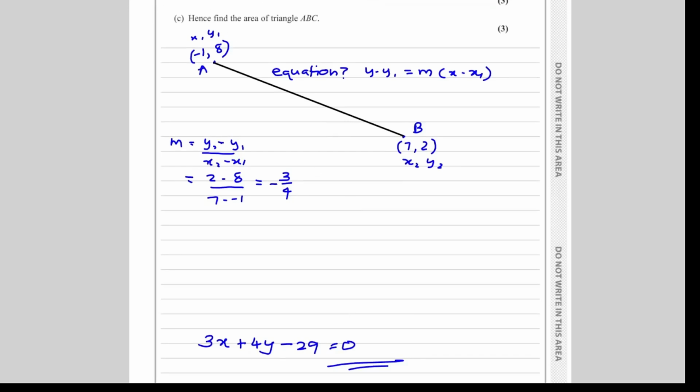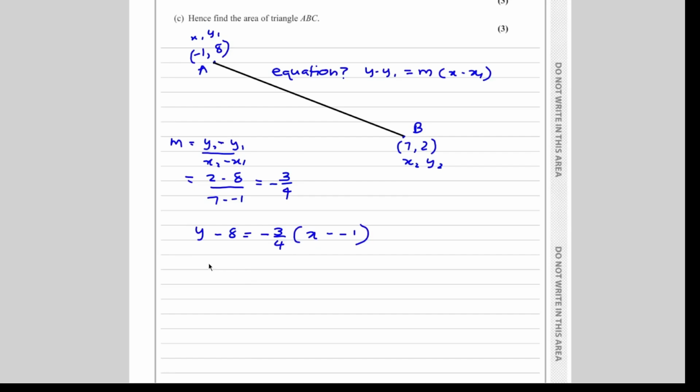Now let's form the equation. y minus y1. Let's get the coordinate of A, which is 8, equals m, which is minus 3 over 4, times x minus x1, minus 1.